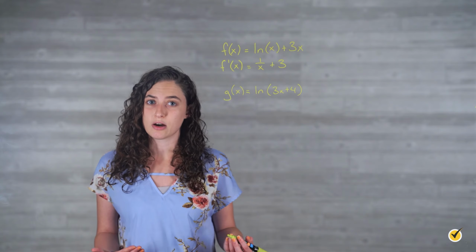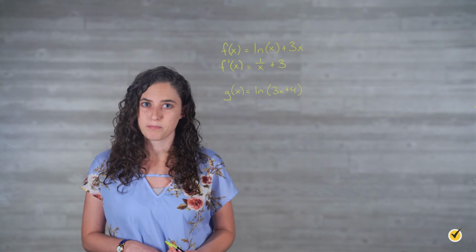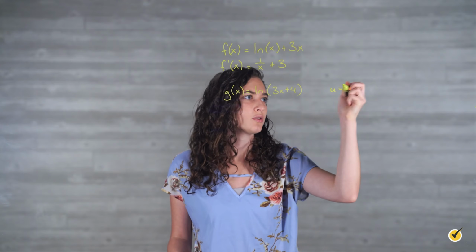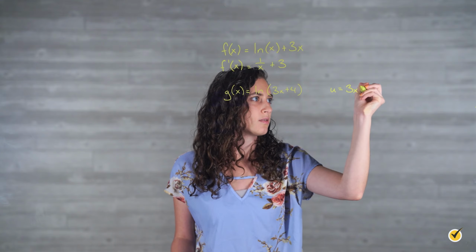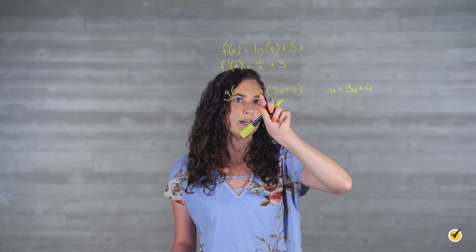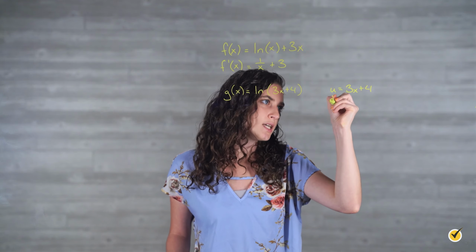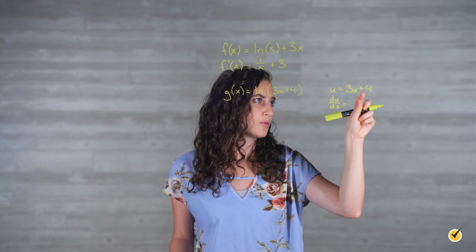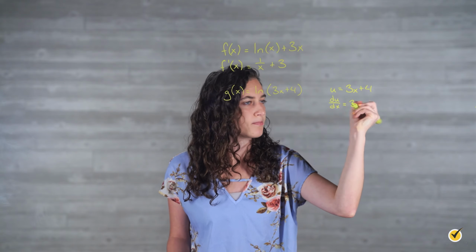Let's use this formula now to find g prime of x in this problem. So u for this problem is going to be equal to 3x plus 4. That's our function inside the natural log. So then du over dx is going to be equal to the derivative of u, which will be 3.